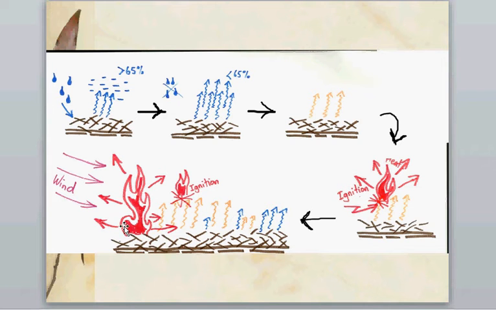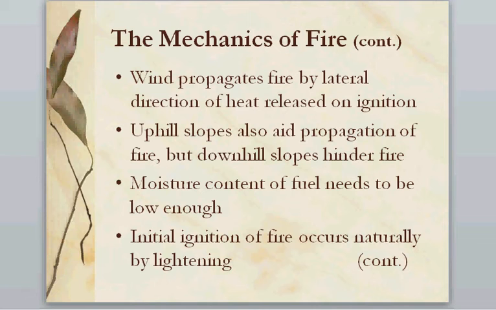So describing that in words, wind helps propagate the fire by lateral direction, or lateral blowing of the heat released on ignition, so that the heat is transferred to adjacent fuels, heats it up, releases combustible gases, and ignites.